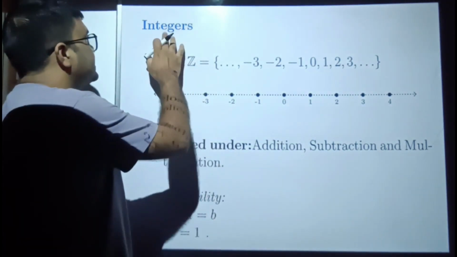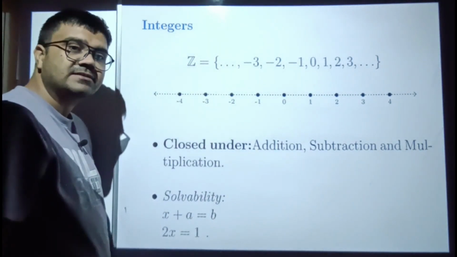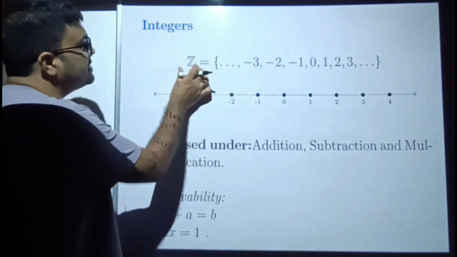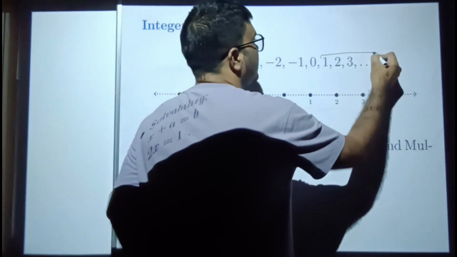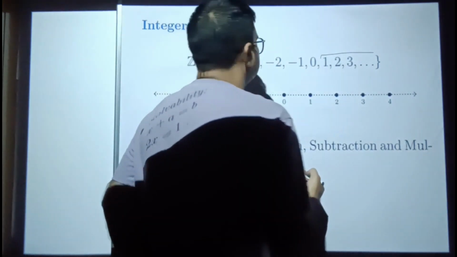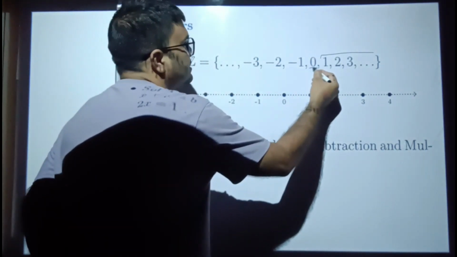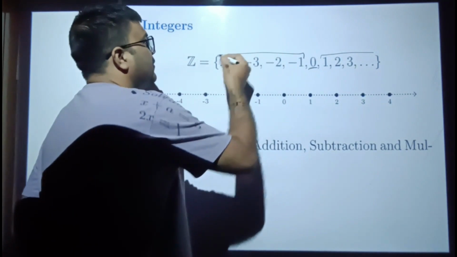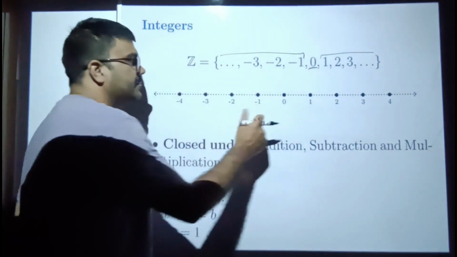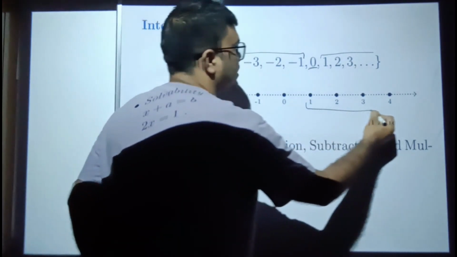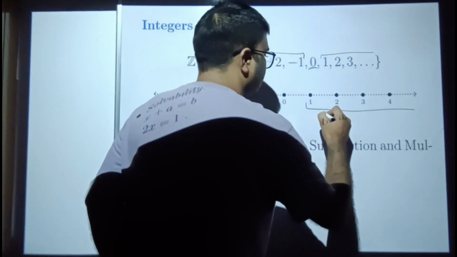So we start this lecture with the definition of the set of integers. The set of integers is denoted with Z, and it consists of all natural numbers, the neutral number 0, and the negatives of natural numbers. If we represent them on the number line, the numbers 1, 2, 3, 4, and so on are the natural numbers.